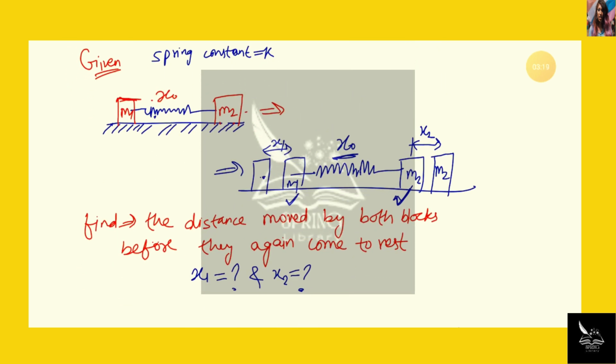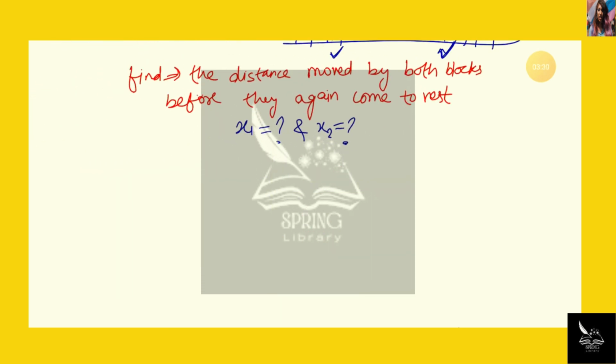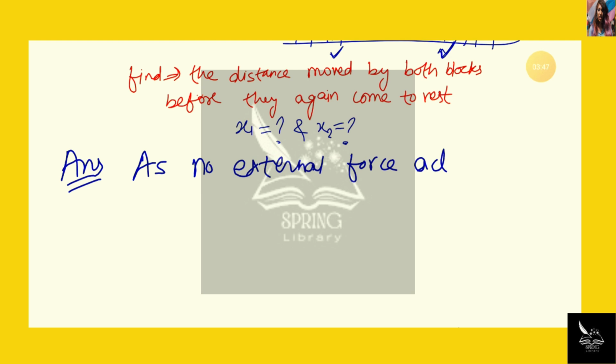In the answer, I can say that no external force is acting in the horizontal direction, so by the concept of center of mass, m1 x1 will be equal to m2 x2.